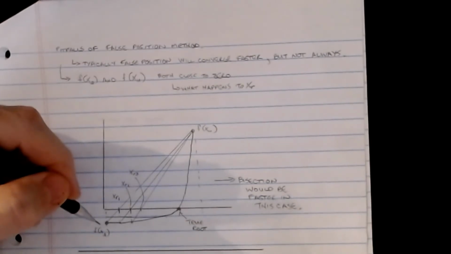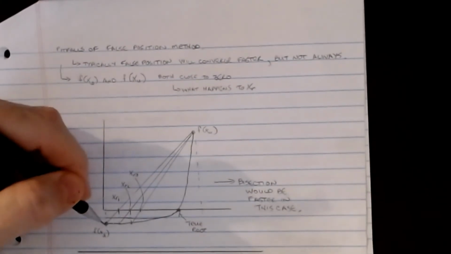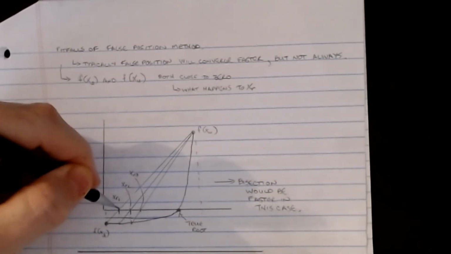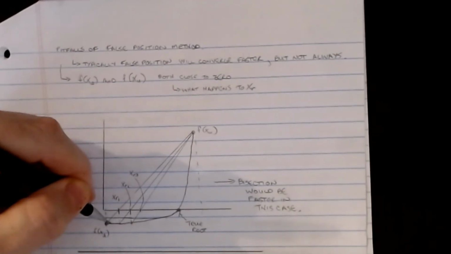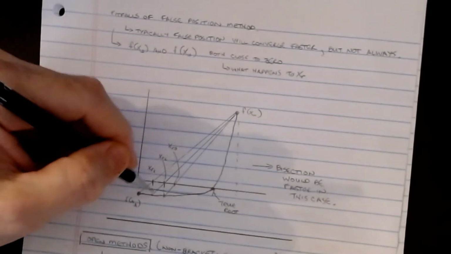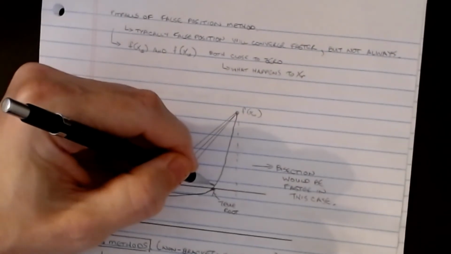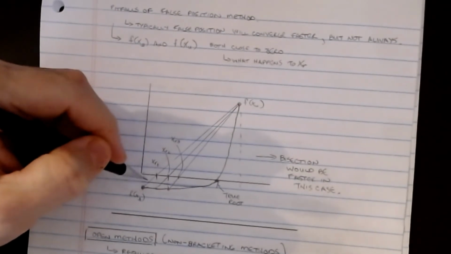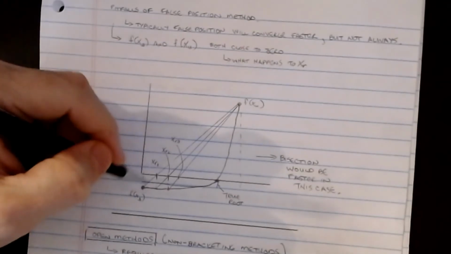If both of these values are very, very close to 0, my next guess for x1 would be very, very close to this, and it could be very slow as it moves its way towards the root located here. Because of that ratio of the values, it could be very slow to converge.